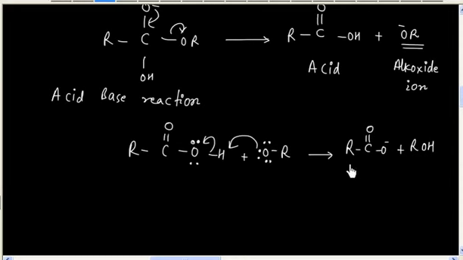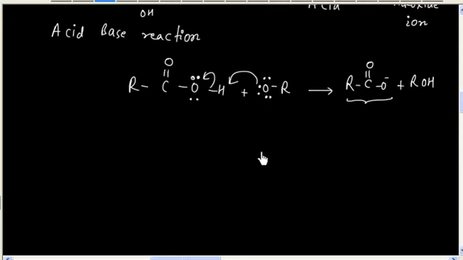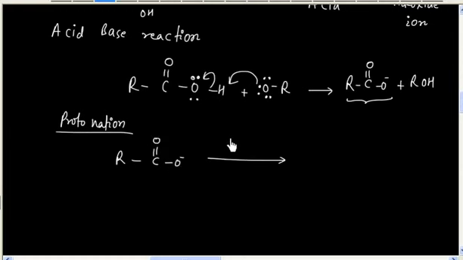If we add aqueous mineral acid, carboxylate anion can be protonated. So next step we have protonation. So we have carboxylate anion, and if we add mineral acid, it can be protonated.